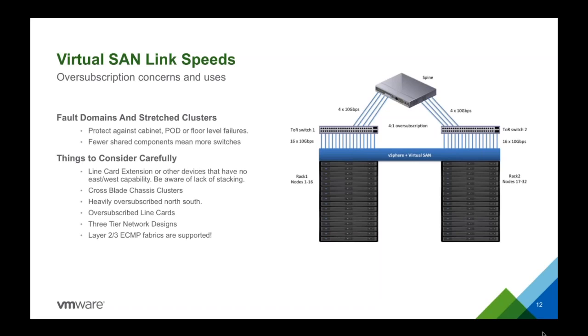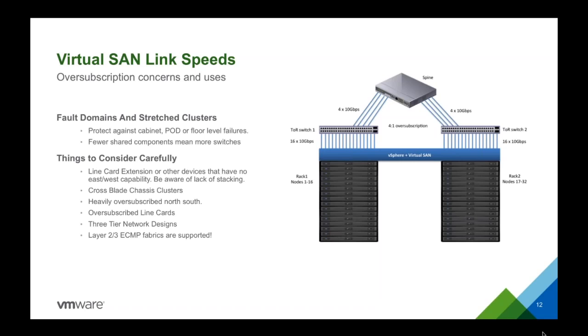Some things to watch out for: if you're still running a traditional three-tier network design with aggregation, core, and access layers, that's a lot of spanning tree, and you've got a lot of ports that aren't going to be active. Be aware of that, and that's why we really push for people to look at something like a leaf-spine that has a lot more throughput options.